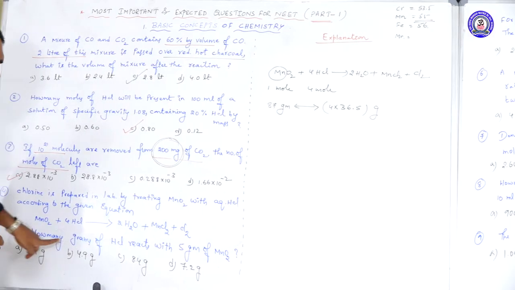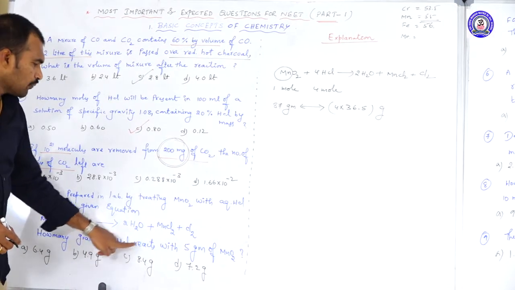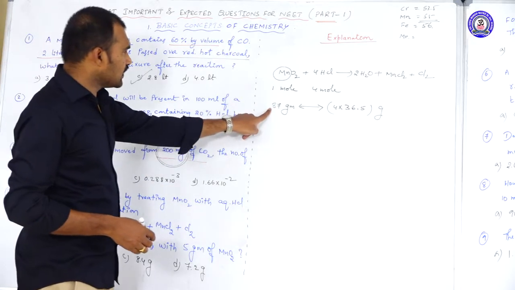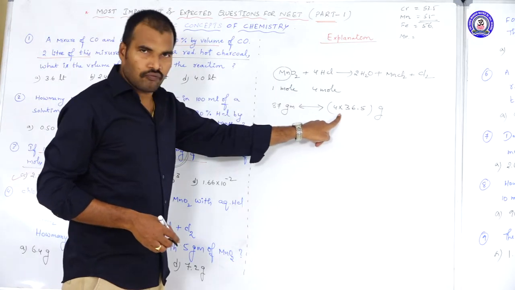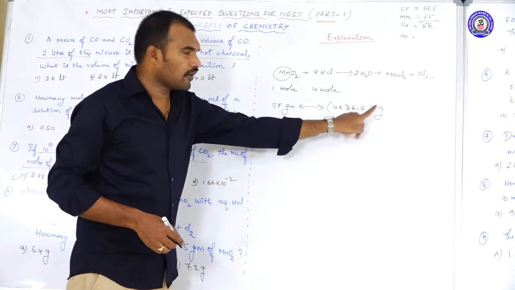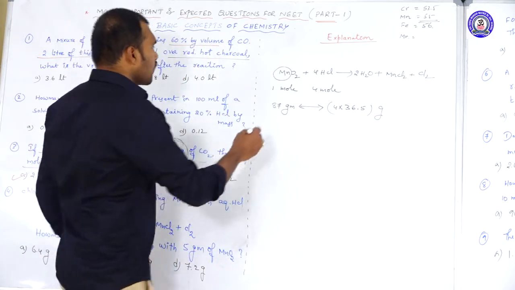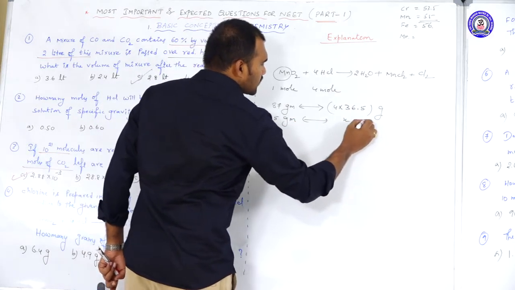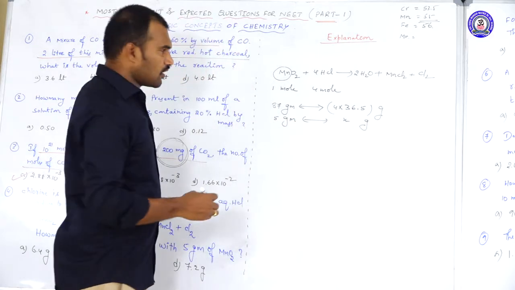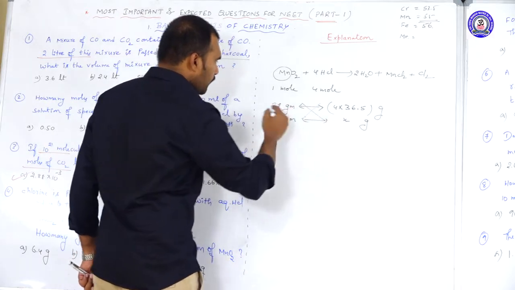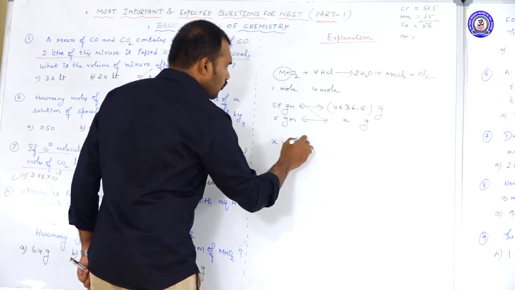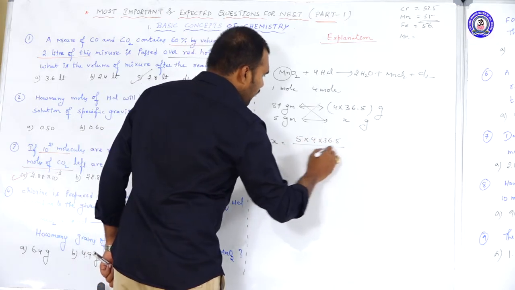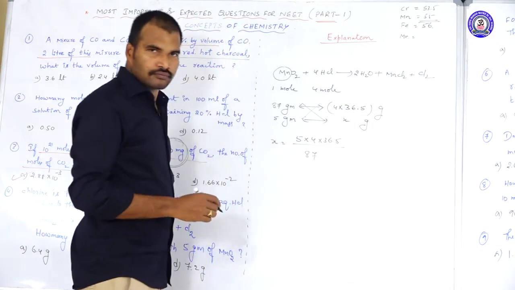He is asking how many grams of HCl react with 5 grams of MnO2. If 87 grams reacts with 4 into 36.5 grams, then 5 grams of MnO2 consumes X grams. Just cross multiply.